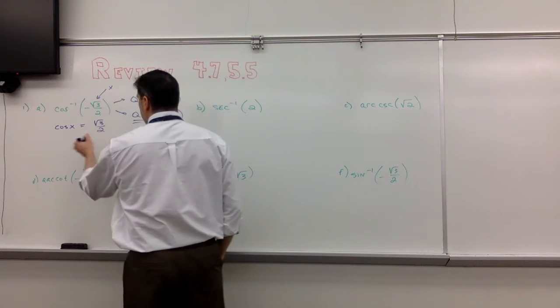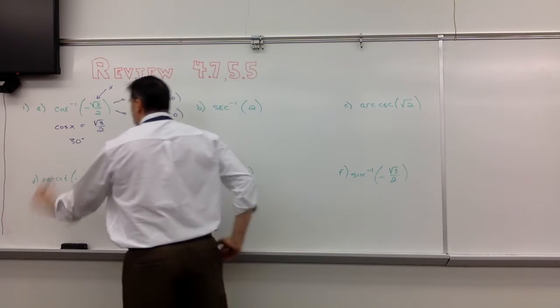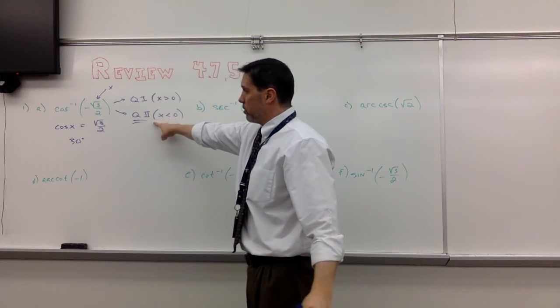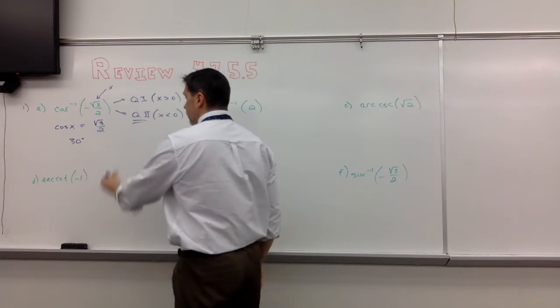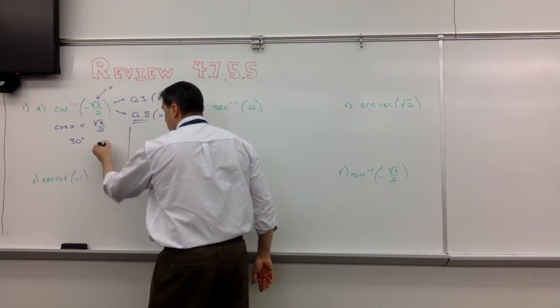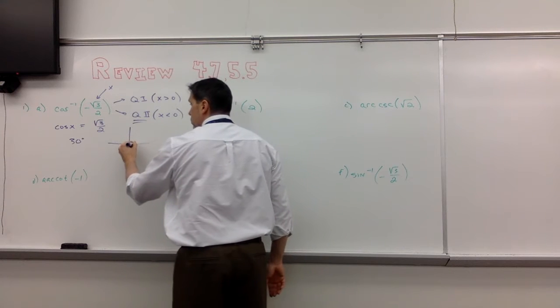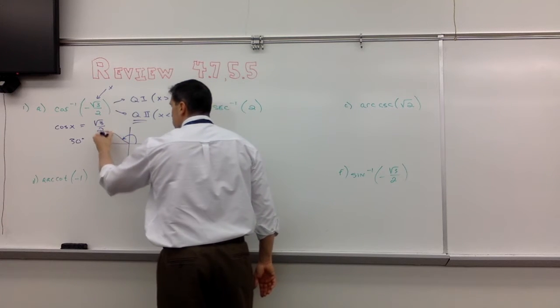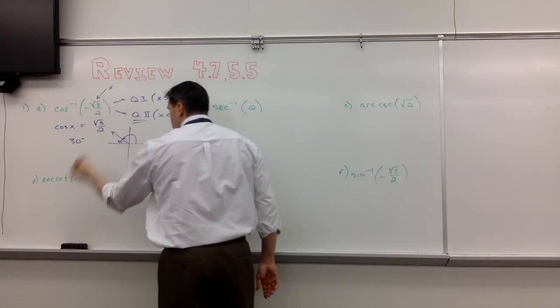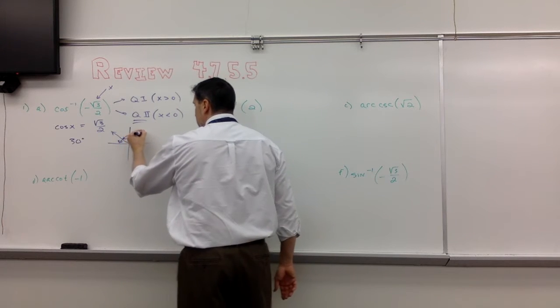However, we have to go to quadrant 2 and have a reference of 30 degrees because it was originally negative. So you go to quadrant 2, reference of 30 degrees puts you at 150.